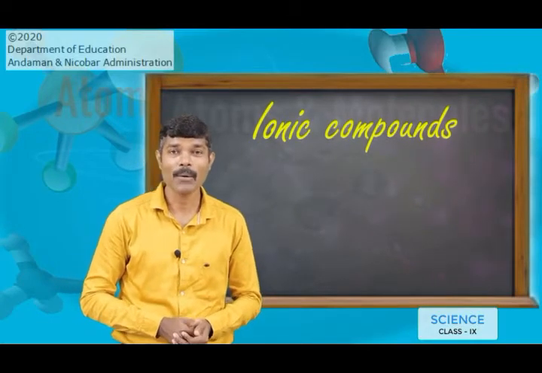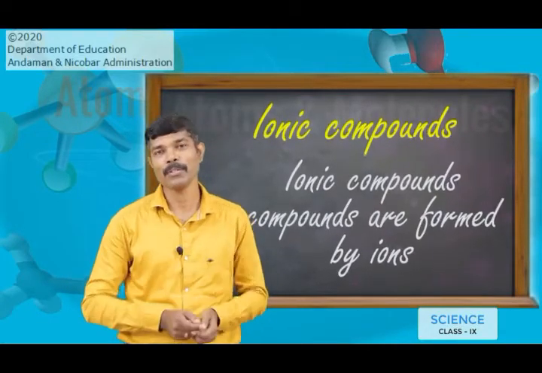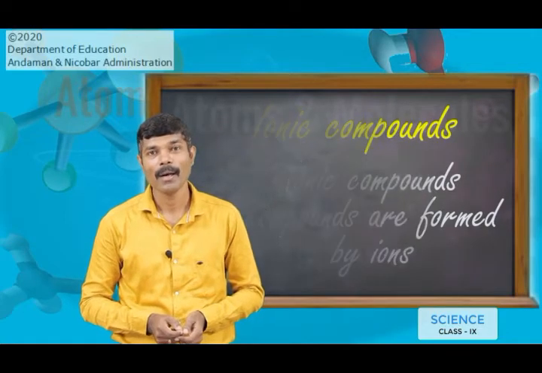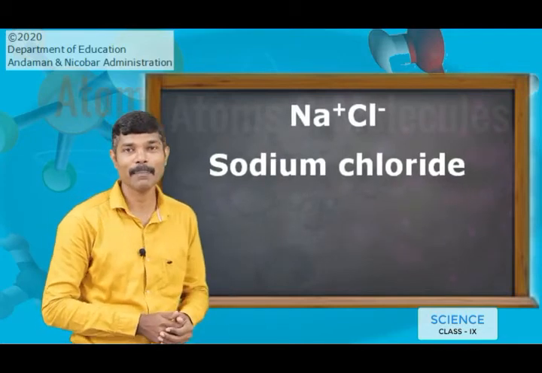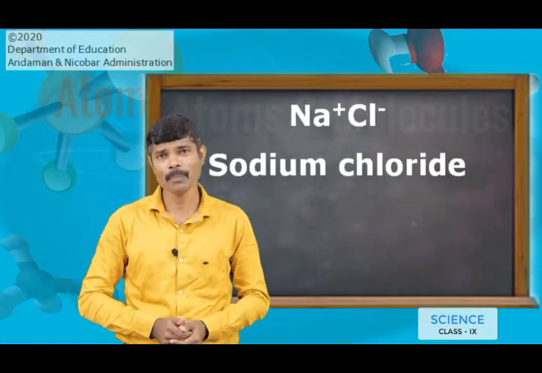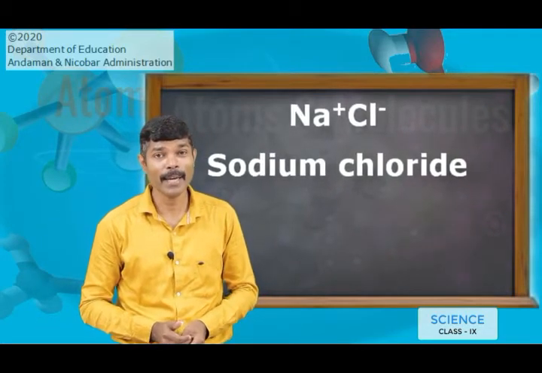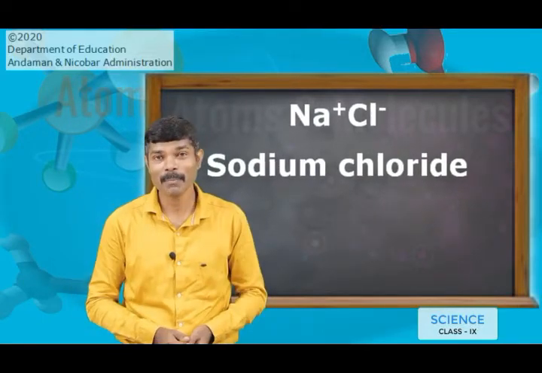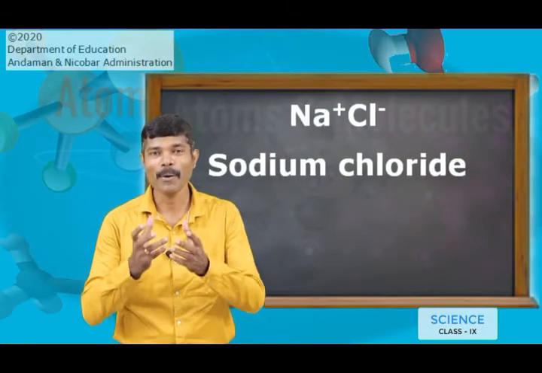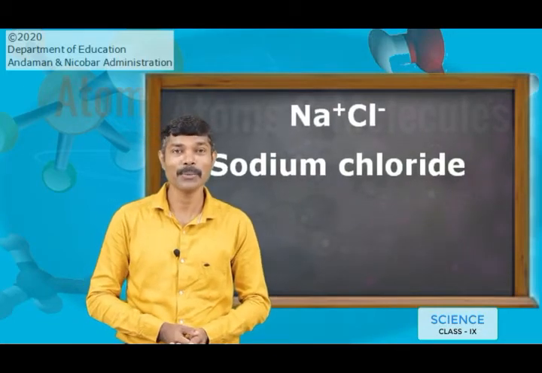Children, ionic compounds are those compounds which are formed by ions. Take an example. Sodium chloride is an example of an ionic compound. If you observe carefully, you will find the ions are present in sodium chloride. This is the compound which we use in our day-to-day life.